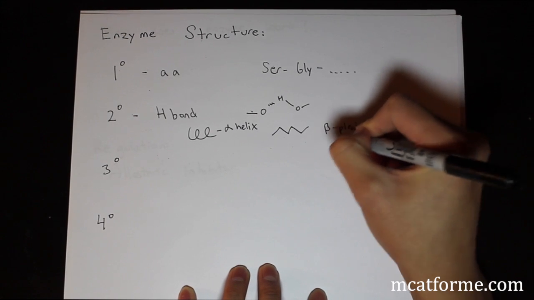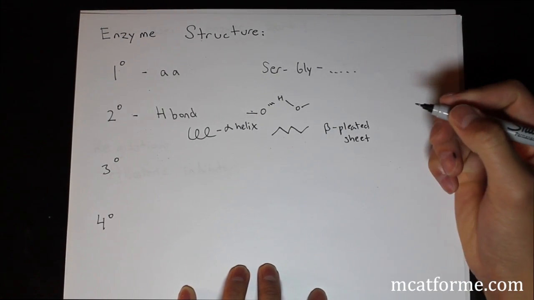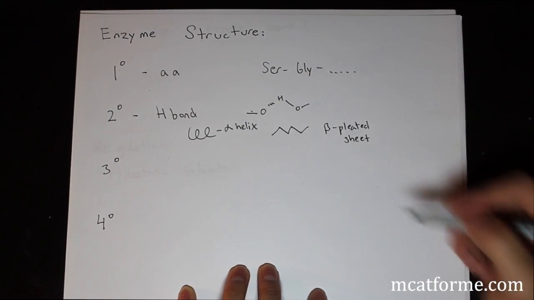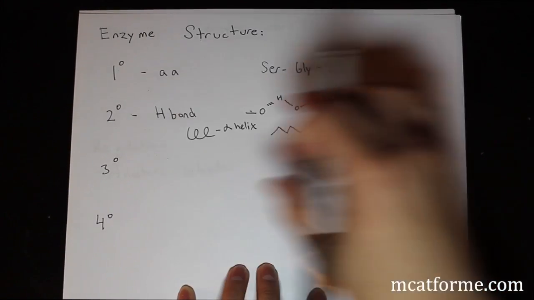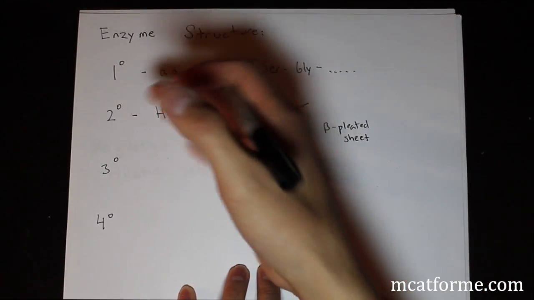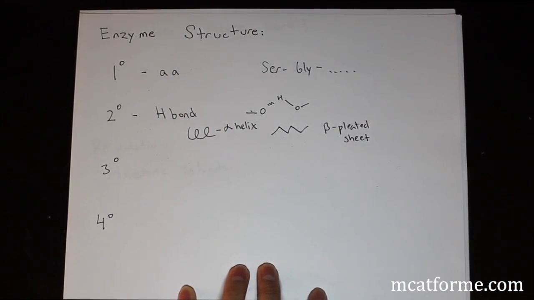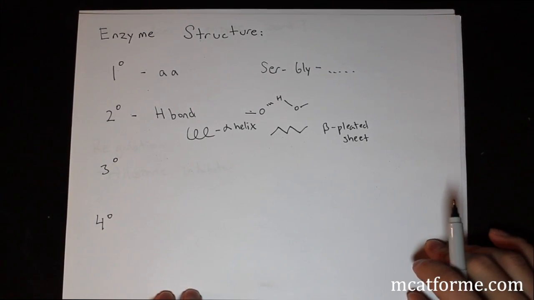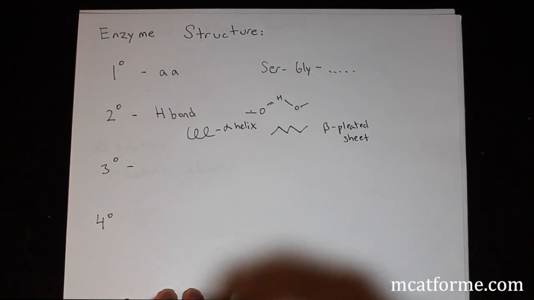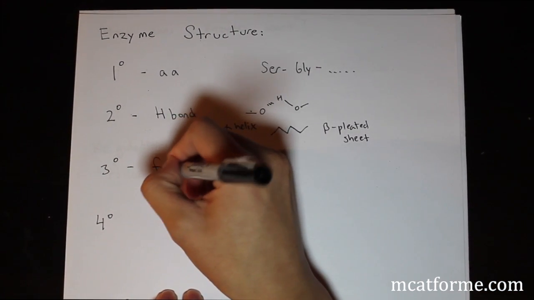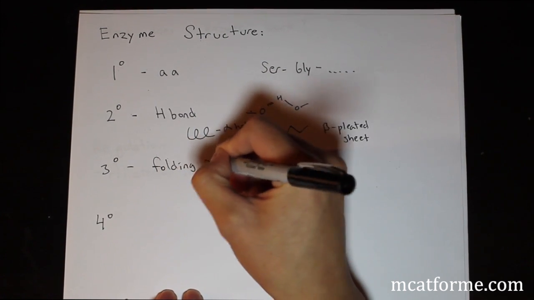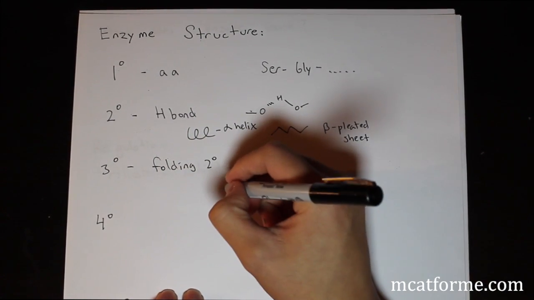Depending on how these amino acids interact with each other, depending on these hydrogen bonds and how close they are together, they can form these different secondary structures, okay? We can think of them in 3D, but we don't really consider them 3D quite yet. Tertiary structure is really where we see this folding of the secondary structure, and that's where we can see that it is 3D now.